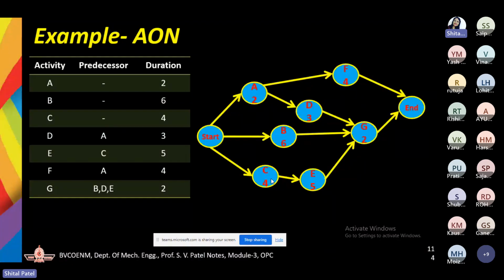Now here you can see D has predecessor A. It means that unless and until A is completed, you cannot proceed further with the D activity.